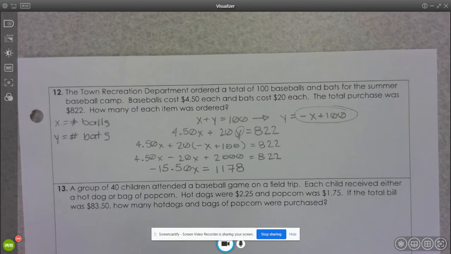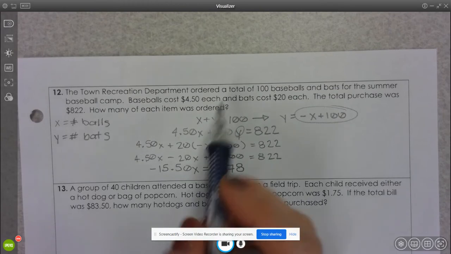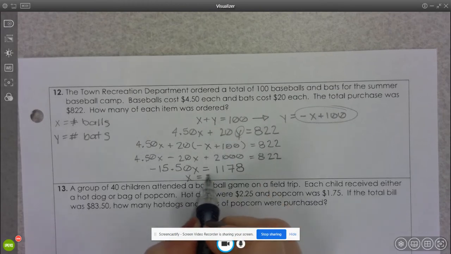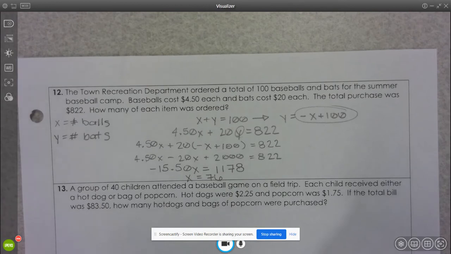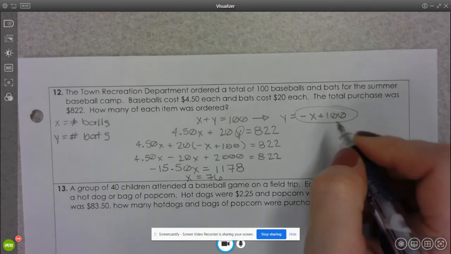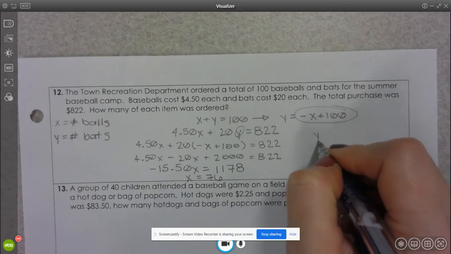So, I hate to break it to you, this would be another long division scenario. And we end up getting 76. So then I'm going to take 76 in here.